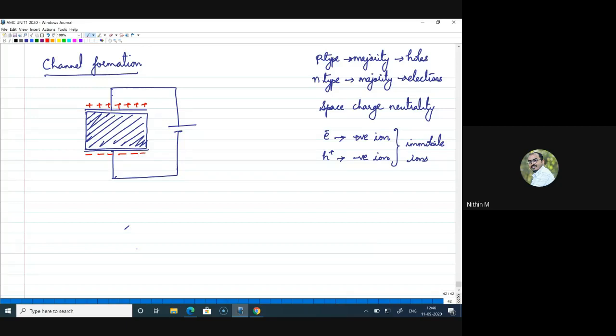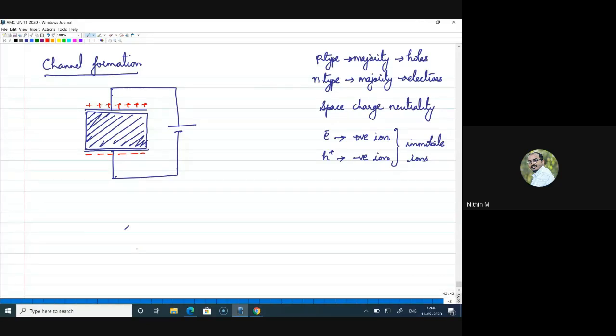Right. This is the action of a parallel plate capacitor. When positive charges are deposited on one side of the metal plate, on the other side, the negative charges will be induced.